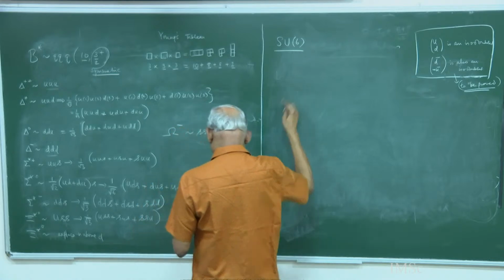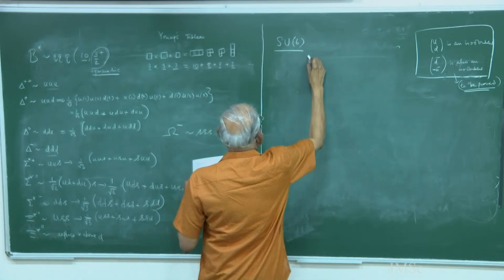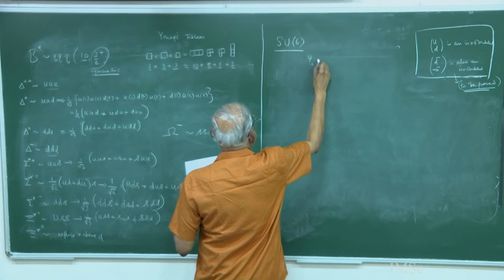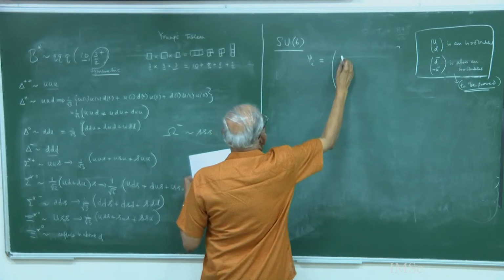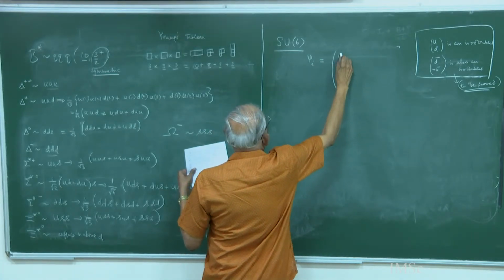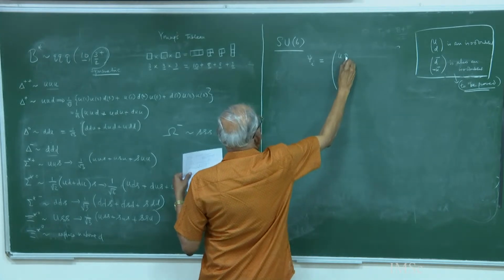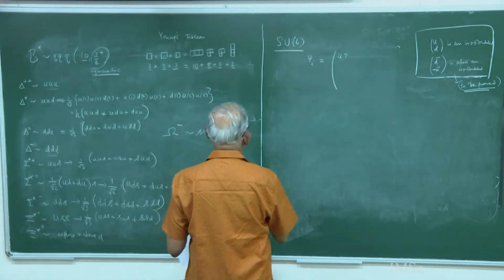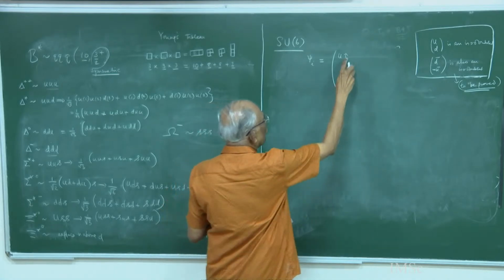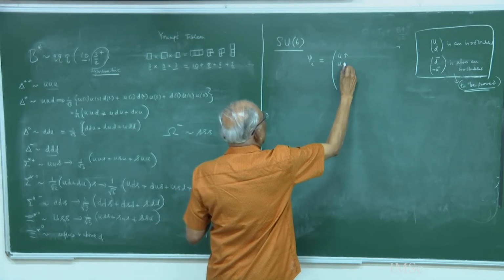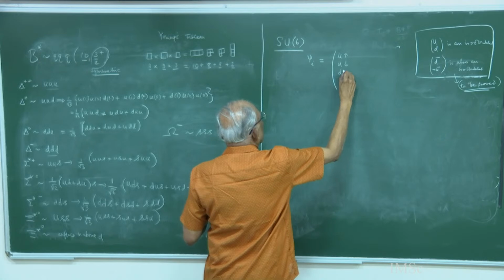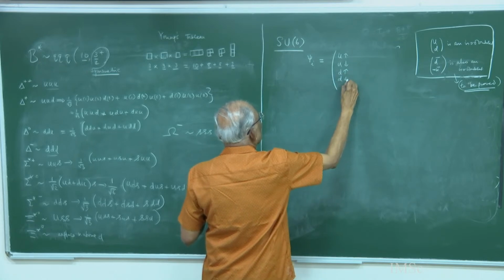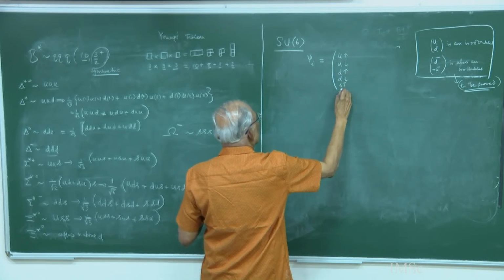If you look at the wave functions of the quark, let us call them psi I, you have U, this is now when I say arrow up, it is what I called alpha, the spin up, ordinary spin, and spin down D, S up, S down.